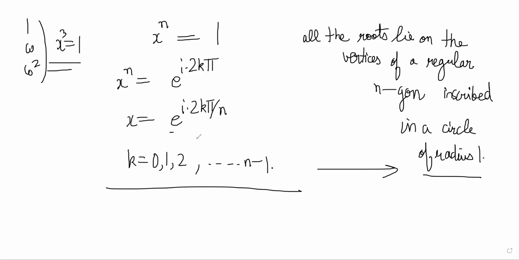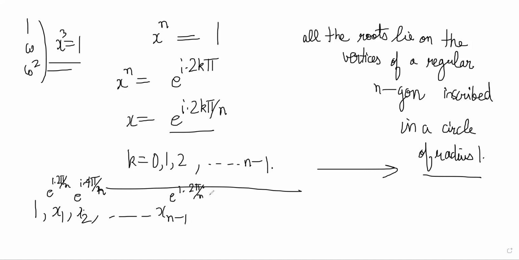You can call these roots 1, x1, x2 till x(n minus 1), because this is e power i 2 pi by n, this is e power i 4 pi by n, where basically you're multiplying 2 into 2 pi by n, and the last is e power i 2 pi by n into n minus 1. They are not called omega square. That is only for the special case of x cube equals 1, but you can call it anything. You know all the roots. These are the roots.